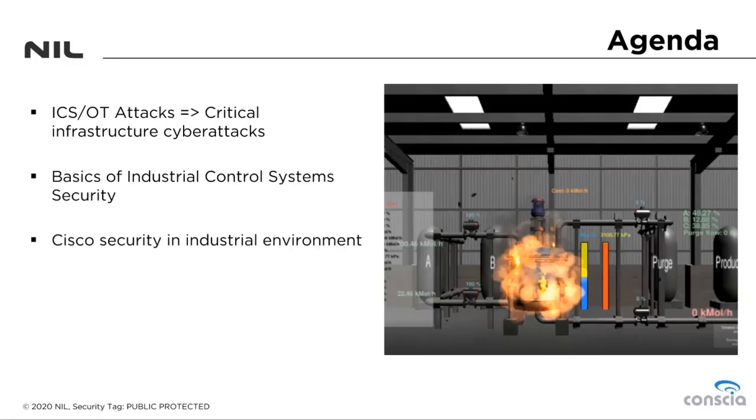Later on, we will examine how Cisco security solutions can be used in the story of improving the security posture of an OT environment. At the end, we will simulate a cyber attack against a simulated ICS, and we will use Cisco Cyber Vision to see what's going on and what has happened. And I promise you, there will be some fireworks at the end.